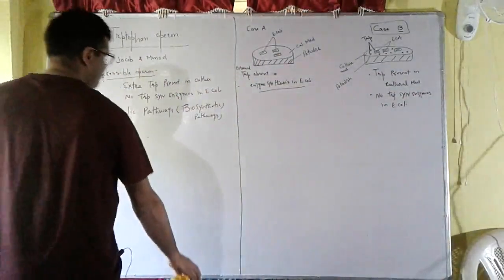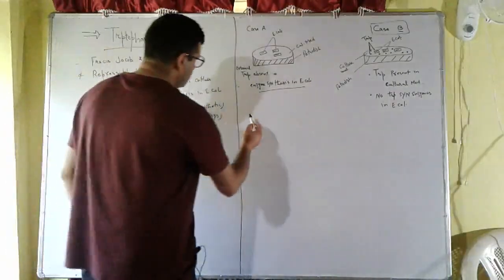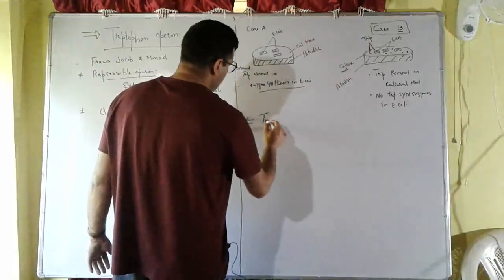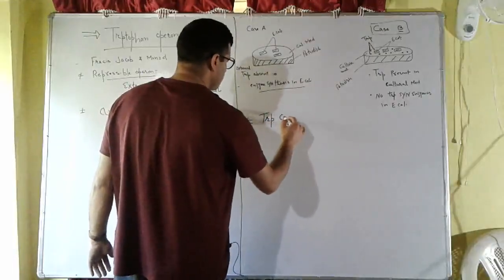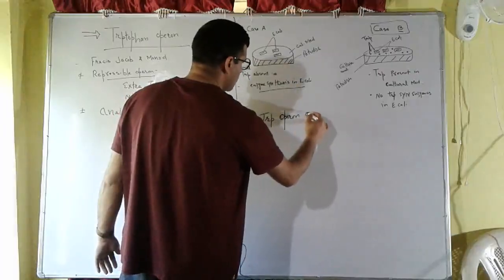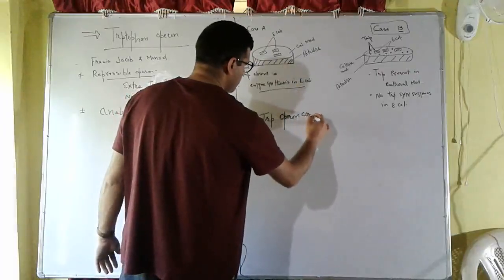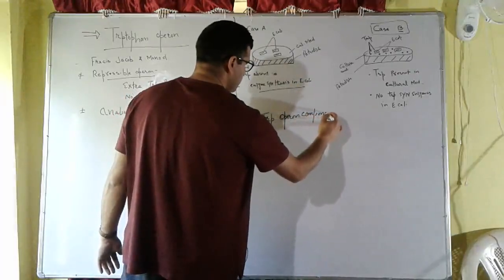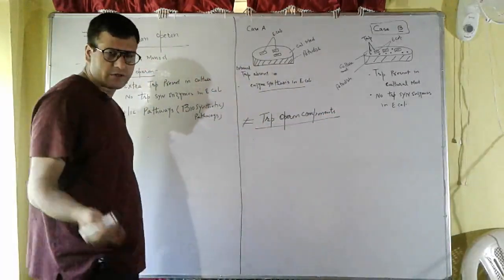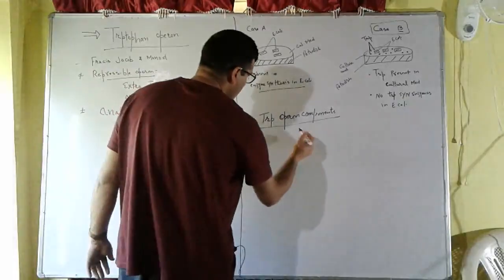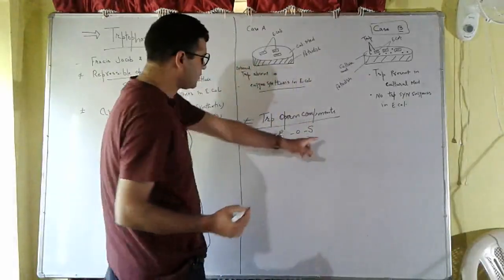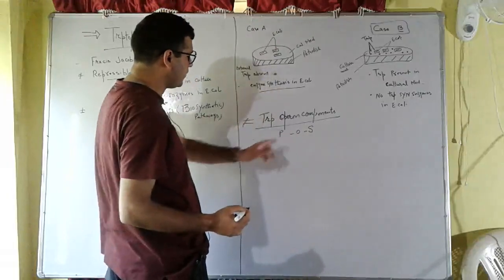What are the tryptophan operon components? We have the same SOP: structural genes, operator gene, and promoter gene.